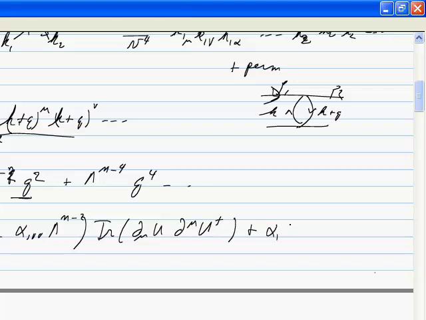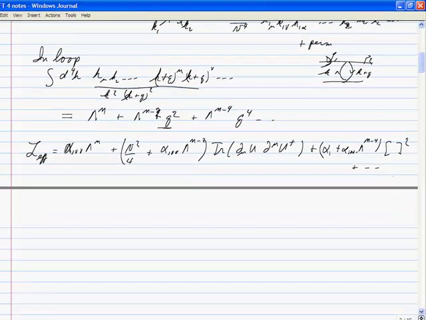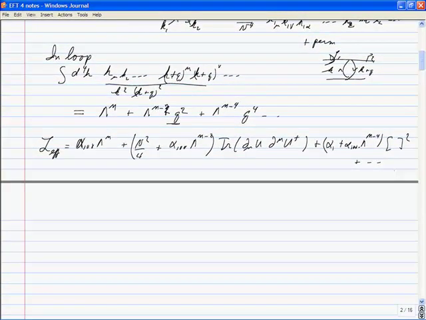And then there'd be alpha 1 plus alpha 100 lambda to the n minus 4, times the next term, plus etc. So the result of this seems to be that to calculate the theory, do we need to know alpha 100?